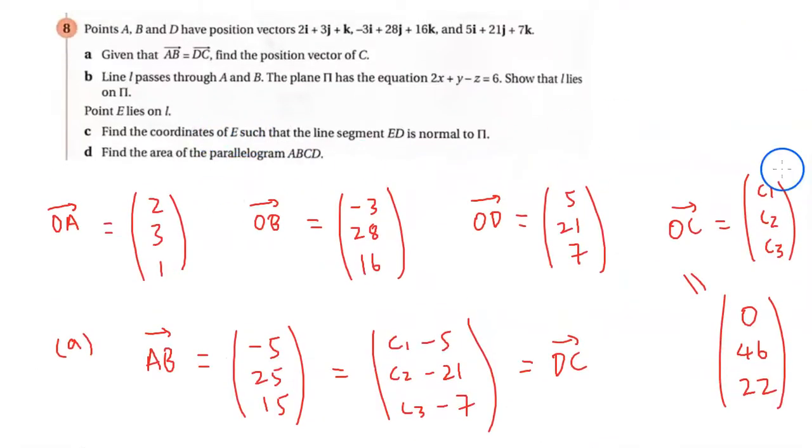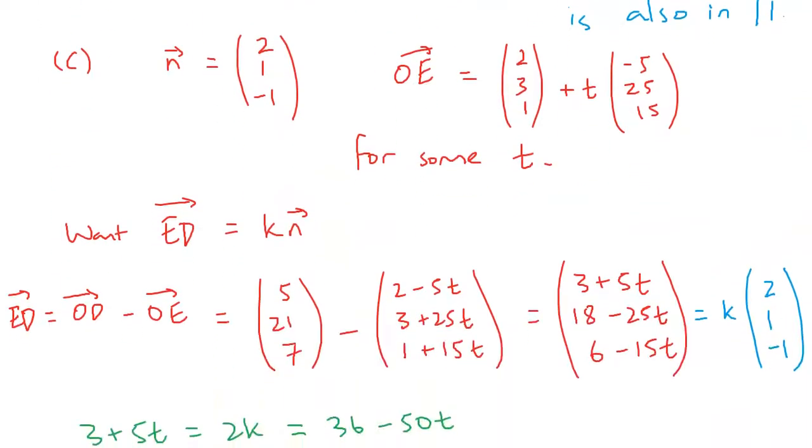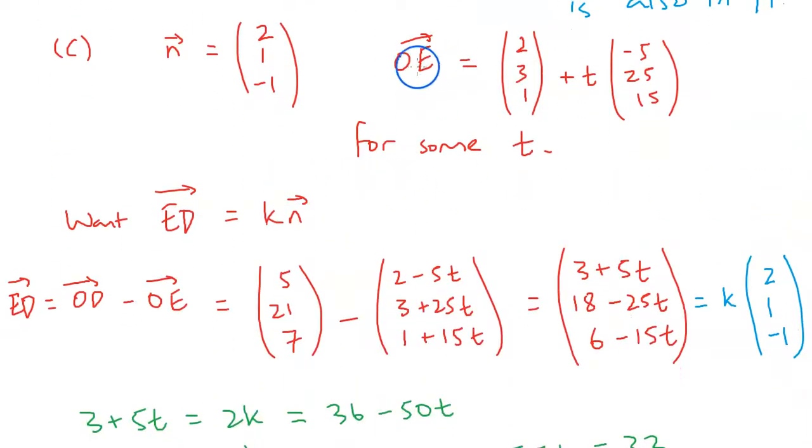And let's go back and check what the question was actually asking for. Find the coordinates of E. No problem. We already have that OE is, well, this vector here. So it's 2 minus 3/5 times 5. So that would be 2 minus 3, which is -1.